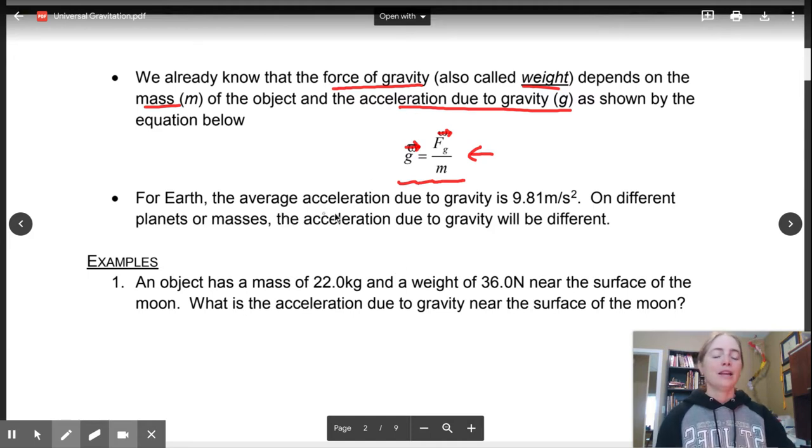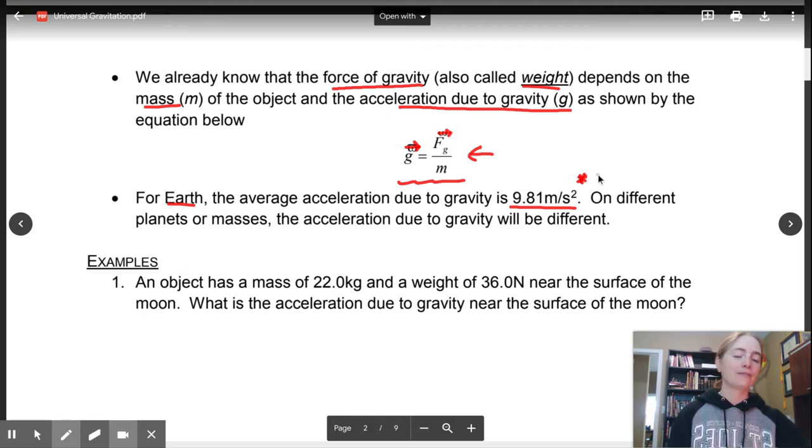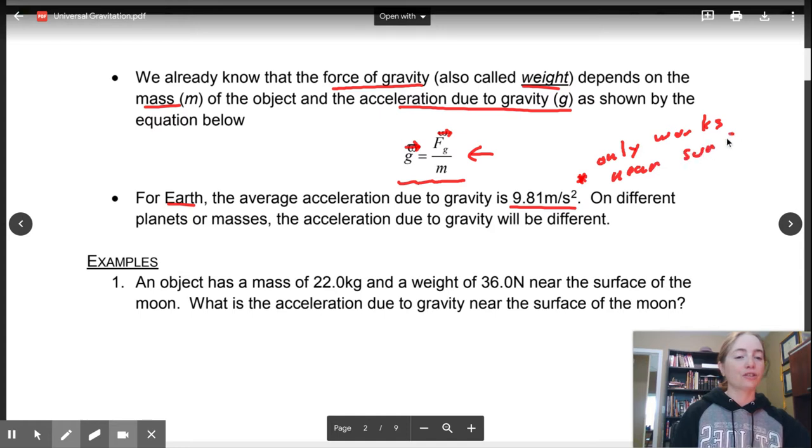Now, on average on Earth, our acceleration due to gravity, or g, is 9.81 meters per second squared. The key thing that's going to be very important as we continue is that this value only works near the surface of Earth.